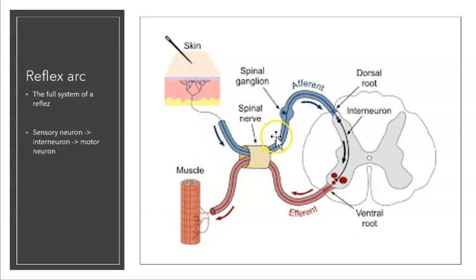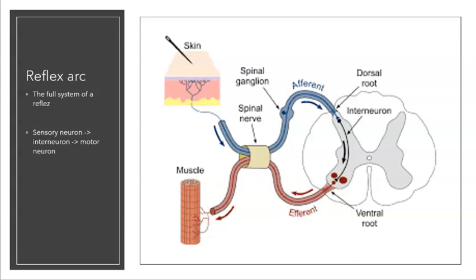It sent an afferent signal to my spinal cord, talked to the interneuron being like, yo, that's sharp, you should move. Interneuron's like, hey, muscle, do your job. So now the motor neuron sends information to the muscle to contract and bring my hand away from the cactus. So that's what the reflex arc is. It's just this system that causes the reflex to occur.